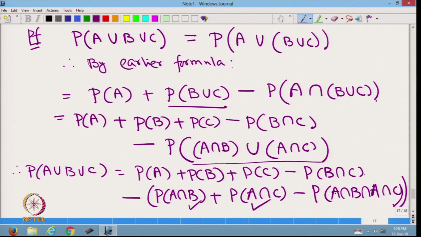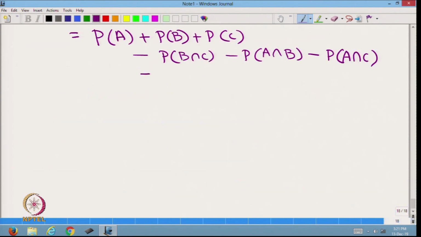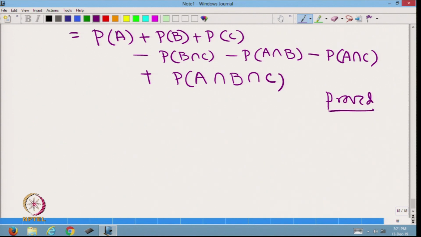Also you note that A intersection B intersection A intersection C, since A is occurring twice, it is superfluous, we can take intersection only once. So, we write plus probability of A intersection B intersection C. So, that proves the formula.